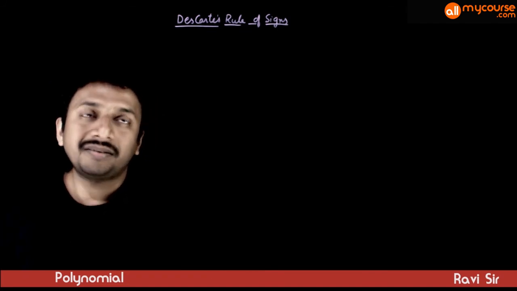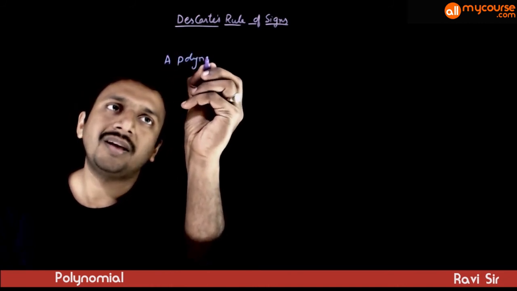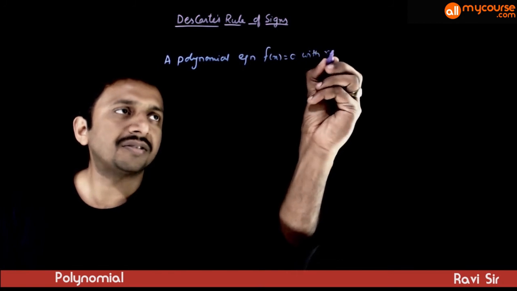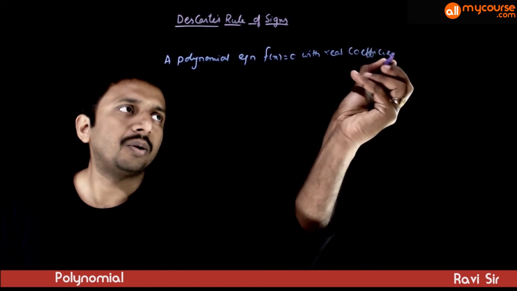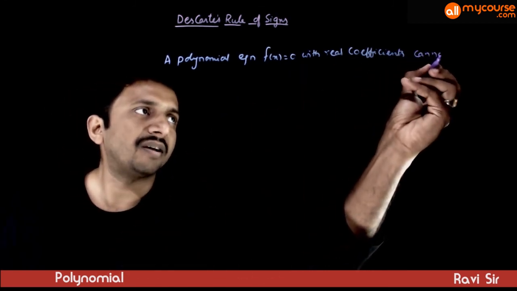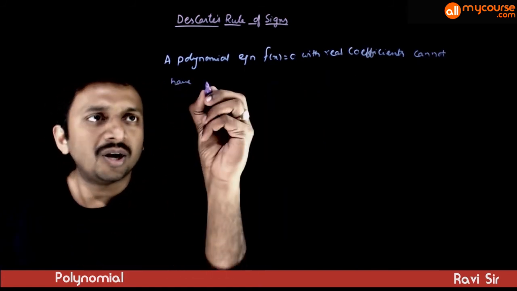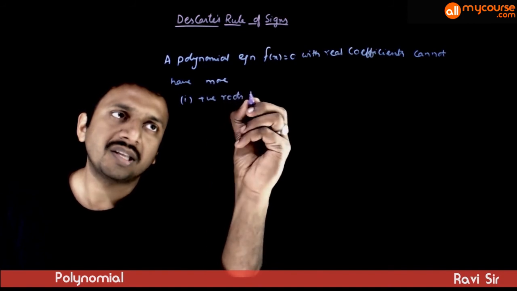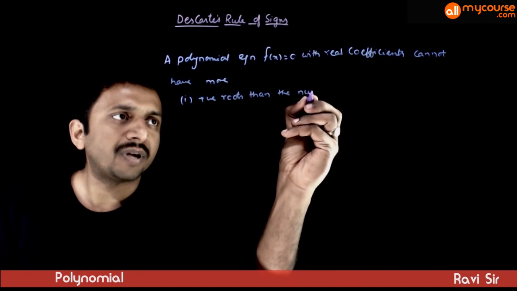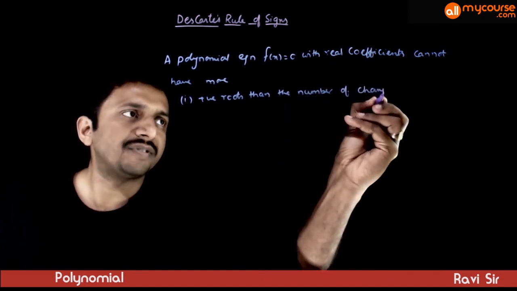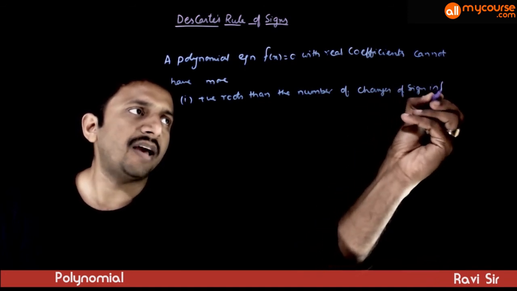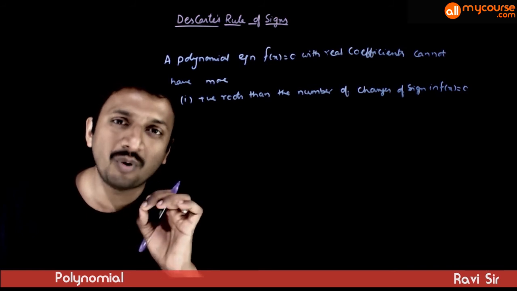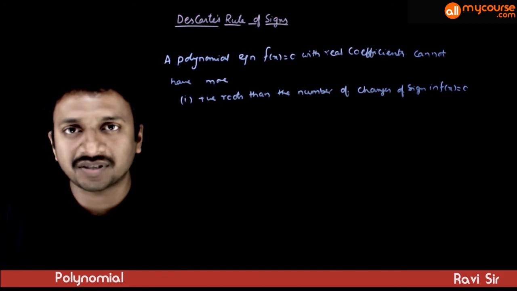This rule says that a polynomial equation f of x is equal to 0 with real coefficients cannot have more positive roots than the number of changes of sign in f of x is equal to 0.